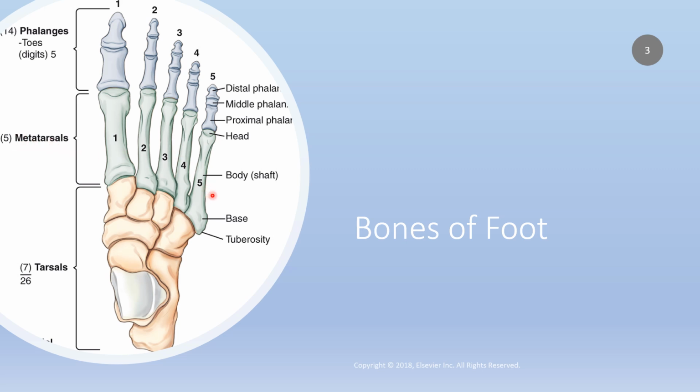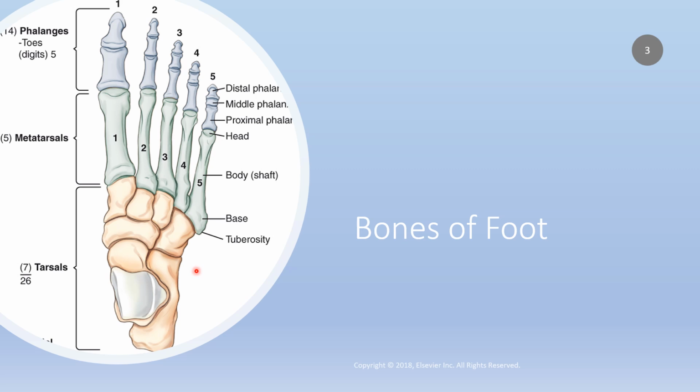Again, 1 through 5, each has a head, a body, and a base. And we have 7 tarsal bones, whereas in the hand we had carpal bones, and there were 8 of them. So total bones in the foot, we have 26: 7 tarsals, 5 metatarsals, and 14 phalanges.